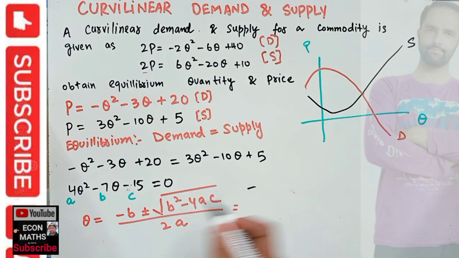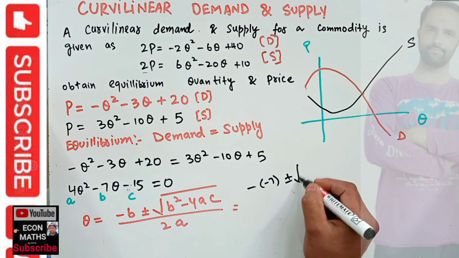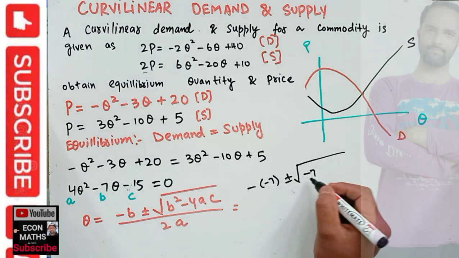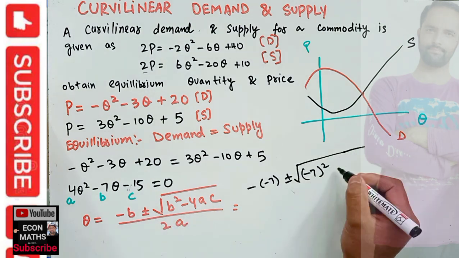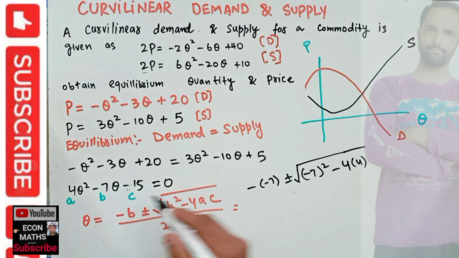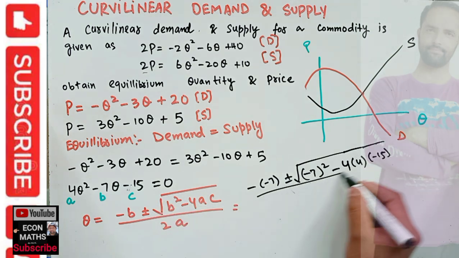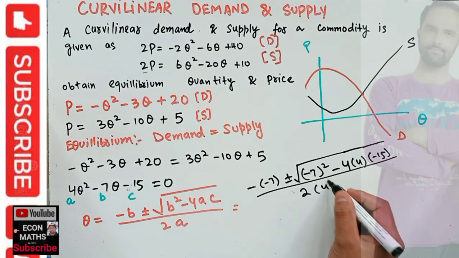So we have -b is 7, ± the square root of (-7)², then minus 4 times a, which is 4, and c is -15, divided by twice a, that is 2 into 4.